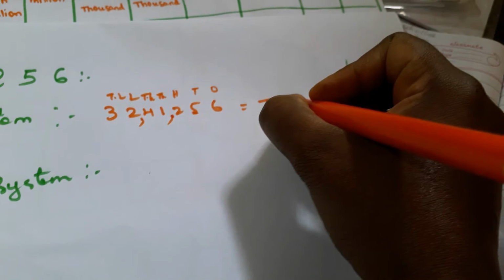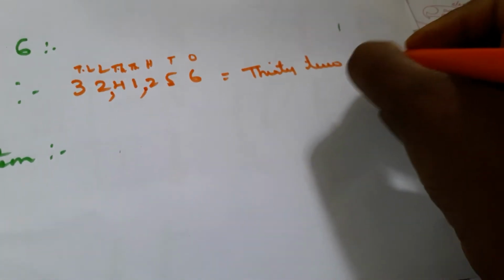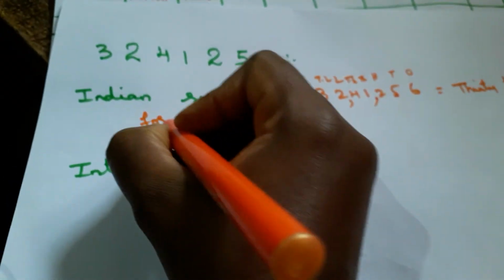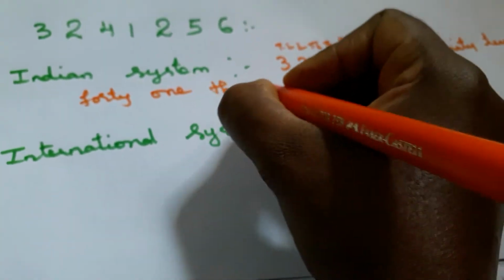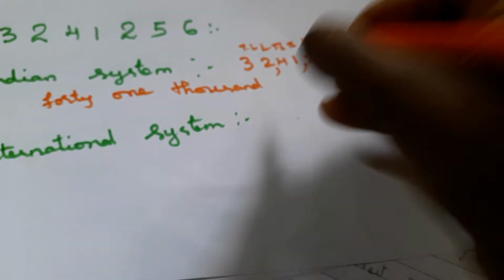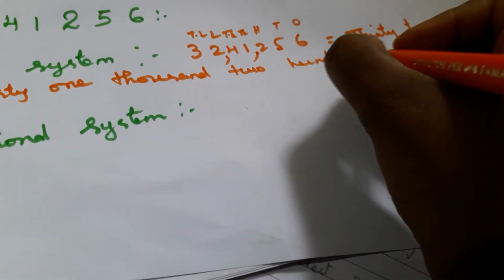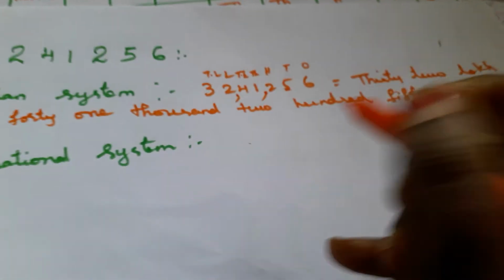Now I write the number name: 32 lakh 41 thousand 256. This is how I write it in the Indian system.